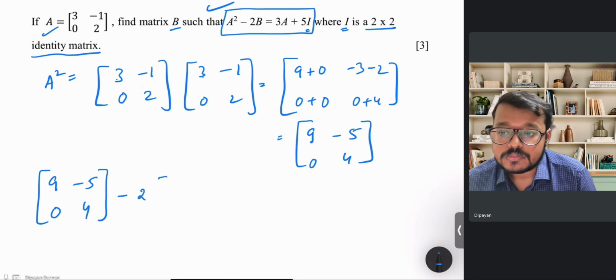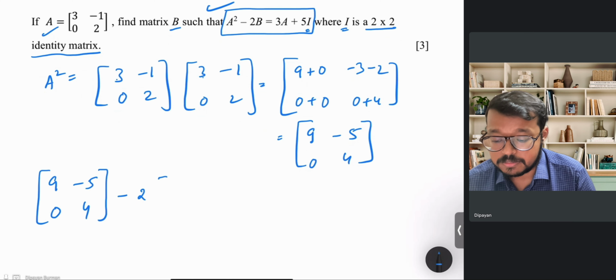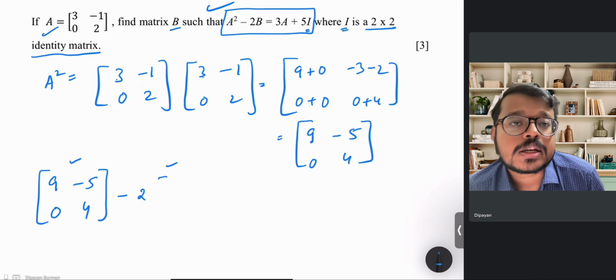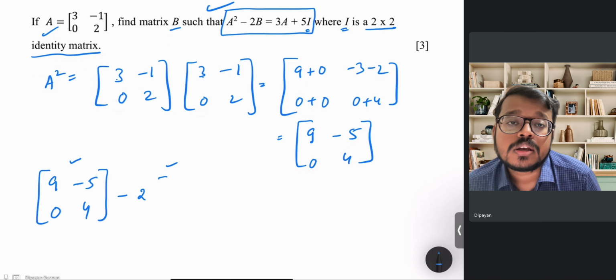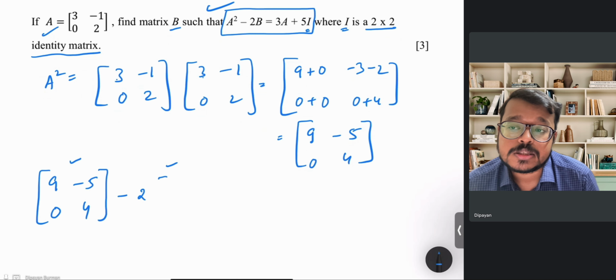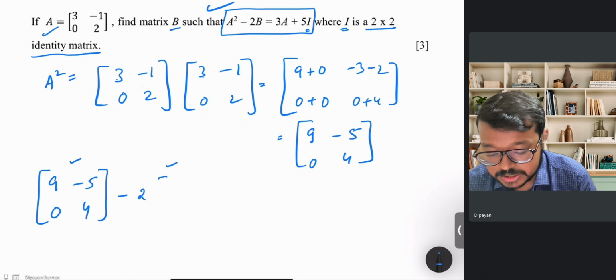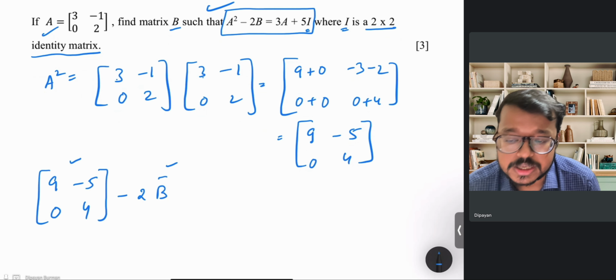Now we have a subtraction of matrices going on: matrix A square minus 2 into B. And subtraction is only possible when both the matrices have the same order. So we can assume that matrix B is also a square matrix, 2 by 2. So let's assume that matrix B is some matrix. We know it's 2 by 2.